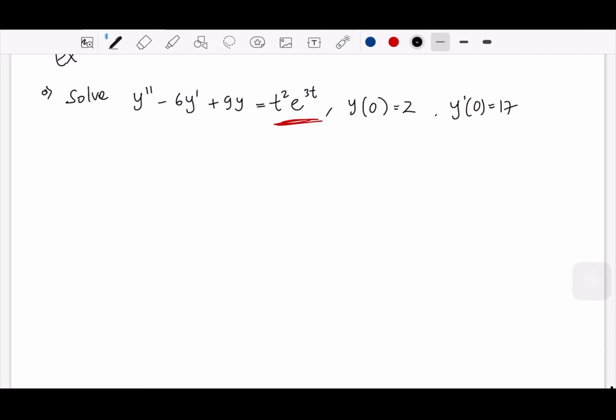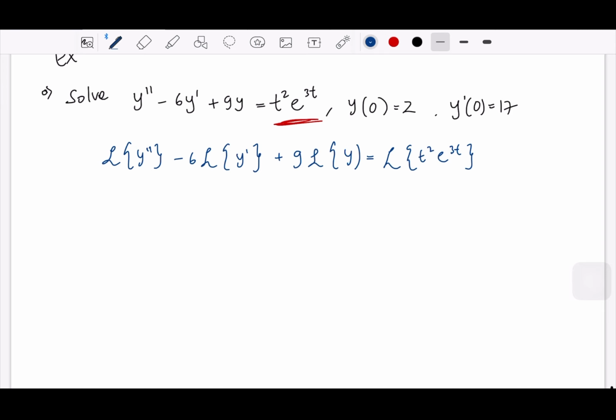So we are going to take Laplace for all these differential equations. So we write Laplace of y double prime, Laplace of y prime and plus 9 Laplace of y, and Laplace of the right hand side, which is t squared e to the 3t.